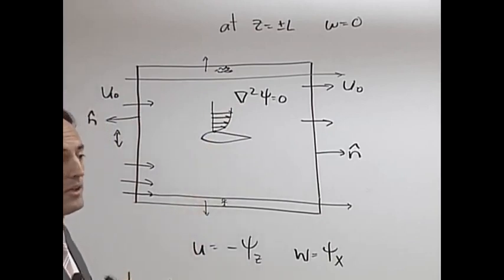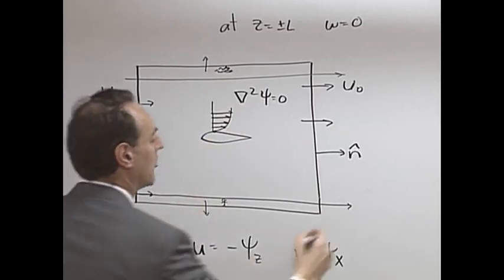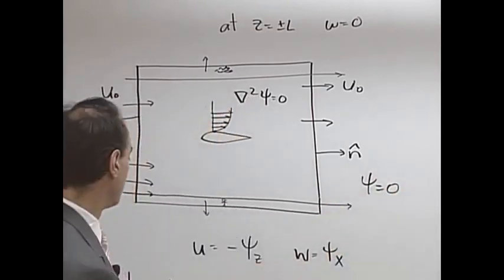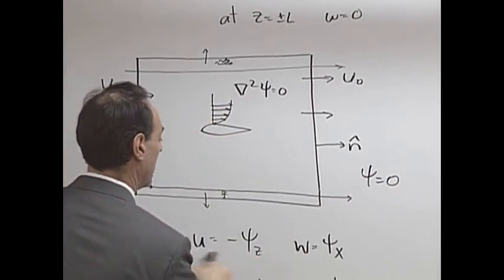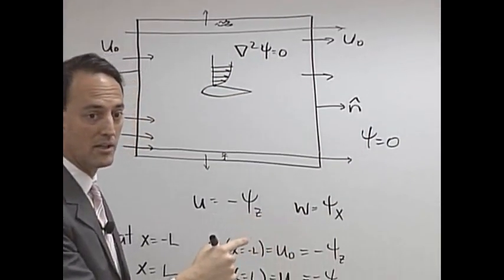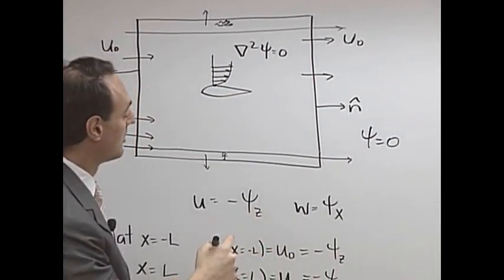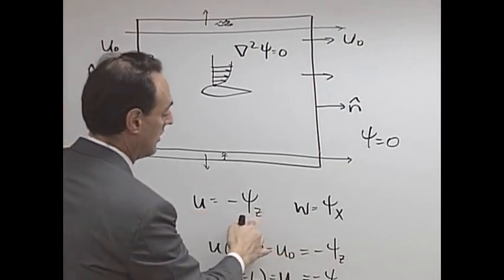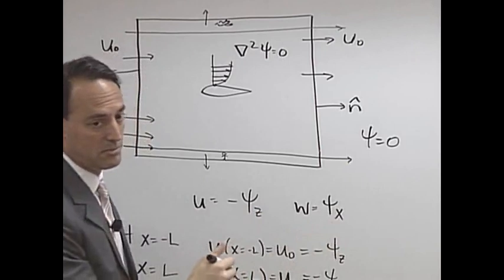So how do we impose this here? Well, you're not trying to impose this on the wing. You're trying to impose that the fluid itself, U and W, should be 0 on the wing. So it might be enough to say, if I want U and W to be 0 on the wing, then the derivatives of psi with respect to Z and X should be 0.